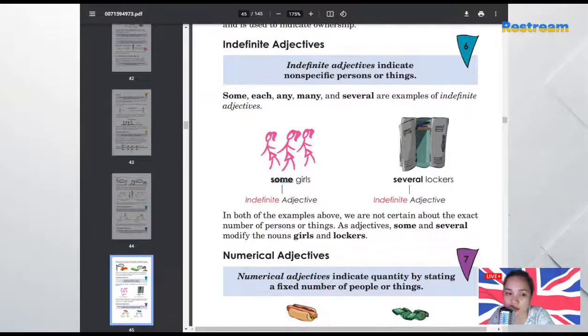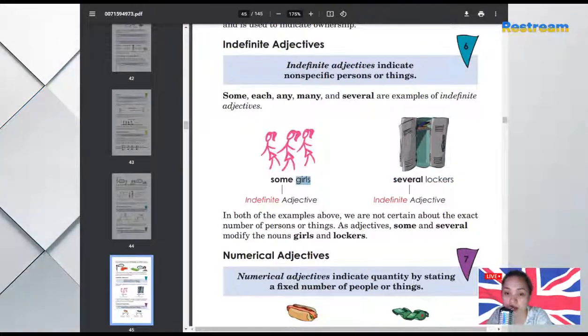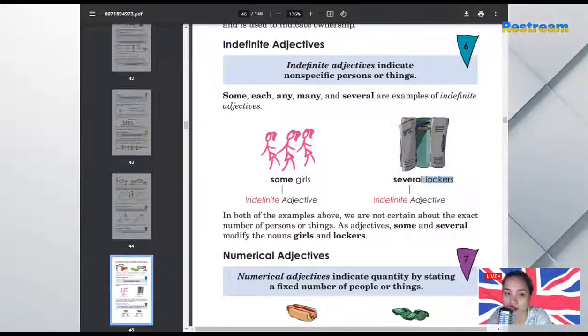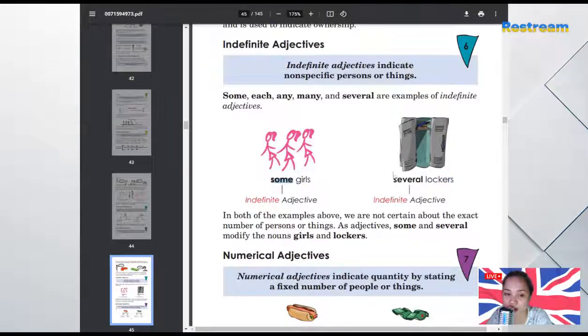So we have here some girls and several lockers. As you can see, these are common or not specific nouns, and we use indefinite adjectives like some and several. So we are not sure in these two examples of the exact number of persons or things.